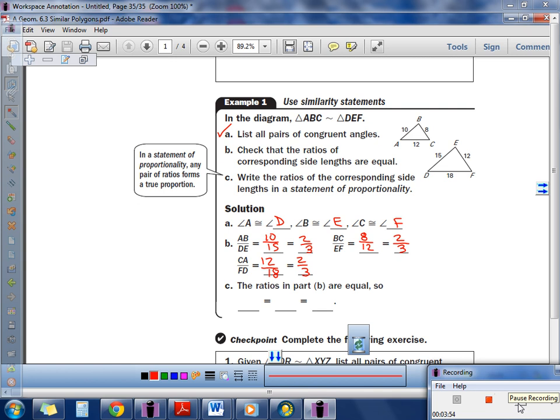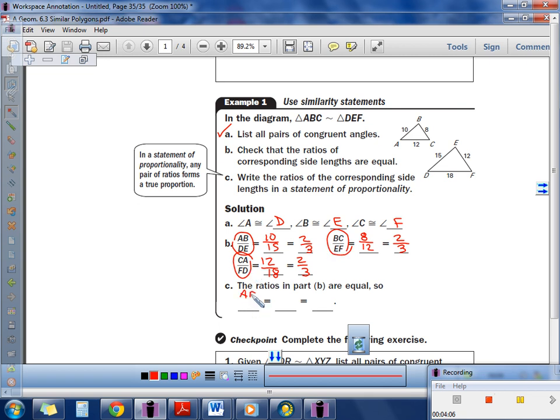Part 3 says write the ratios of the corresponding side lengths in a statement of proportionality. So all you need to do is this. You need to use these letters for the statement of proportionality. A statement of proportionality is going to have 3 fractions. Each of these circled terms are our 3 fractions.